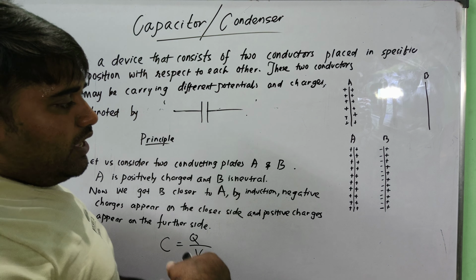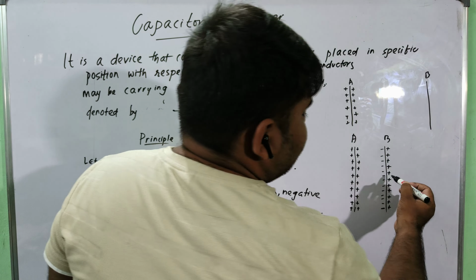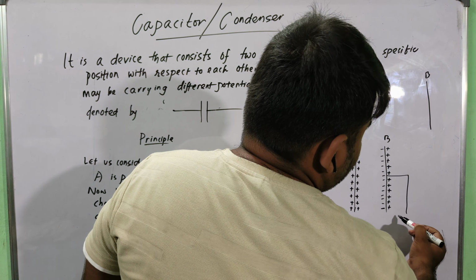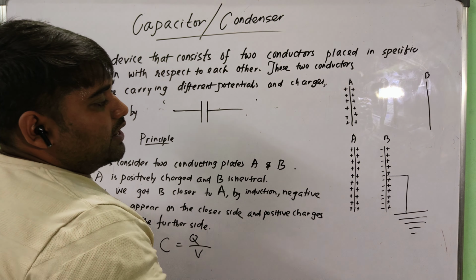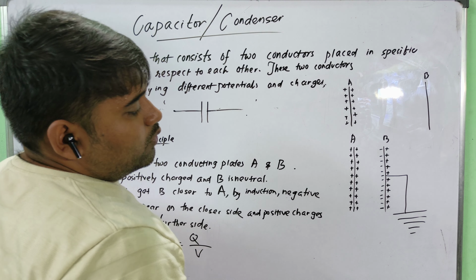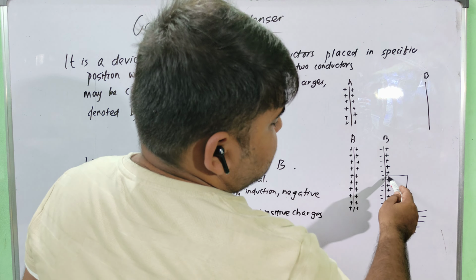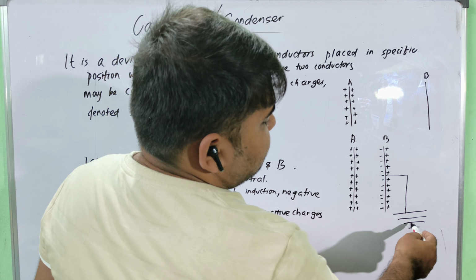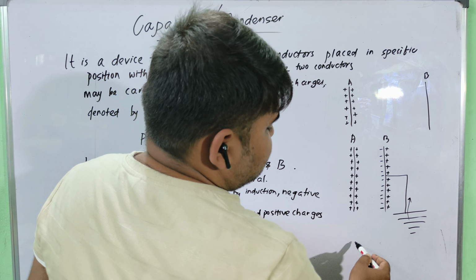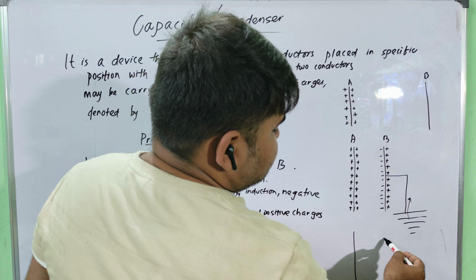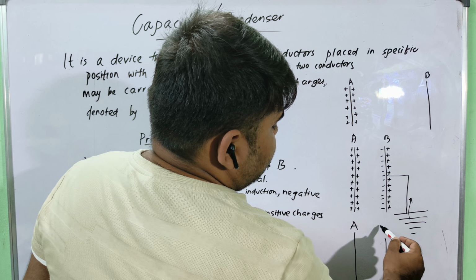To eliminate this problem, we connect this side to earth. This is earthing. The positive charges are cancelled by the electrons coming from earth, so the right side, the further side, gets neutral.